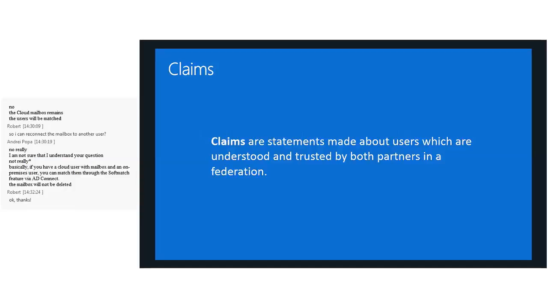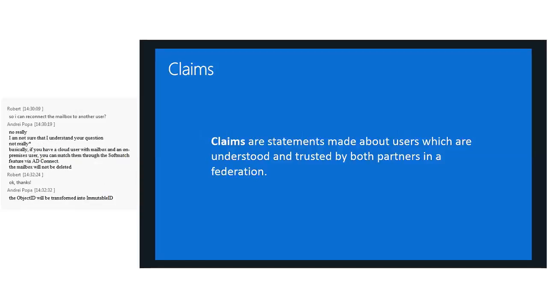But in our specific scenario, claims are attributes from Active Directory. Any attribute from Active Directory could be used as a claim by an ADFS server in order to negotiate authentication with certain service providers. So claims are very important.